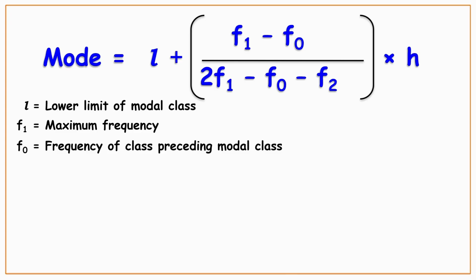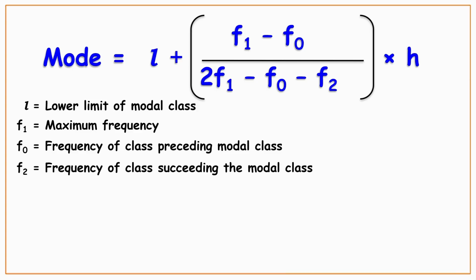F0 is the frequency of the class preceding the modal class, and F2 is the frequency of the class succeeding the modal class, and H is the width of the class. Once we start with the example, it will be easier for you to understand each and every term over here.